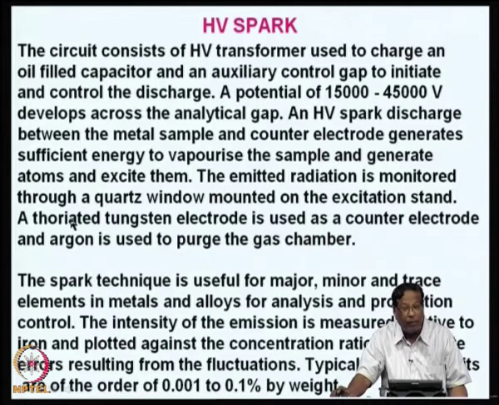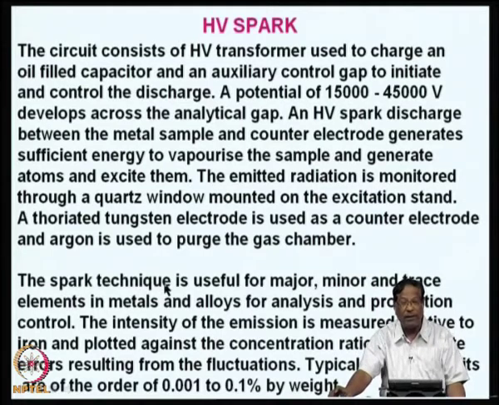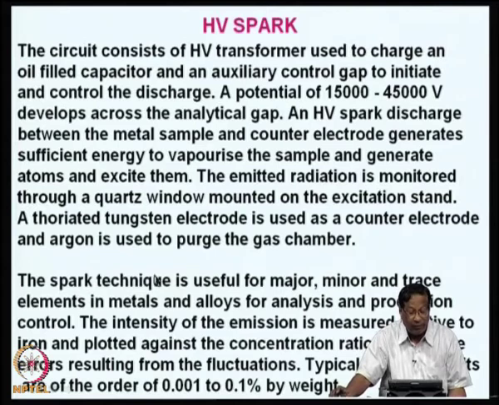Usually, a thoriated tungsten electrode is used as a counter electrode, and argon is used to purge the gas chamber. So, the spark technique is useful for major, minor and trace elements in metals and alloys for analysis and production control also.